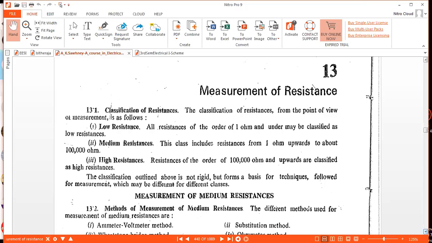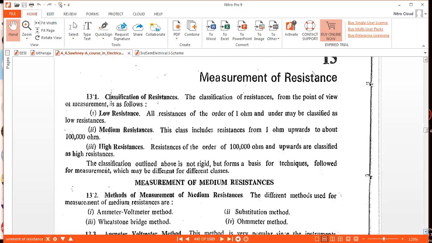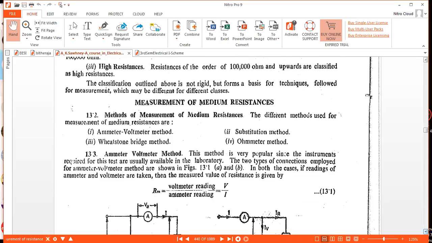There are a number of methods for measurement of medium resistance.